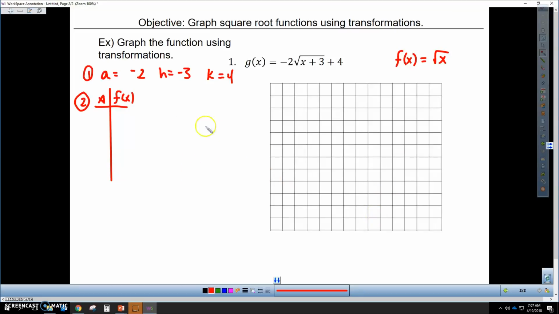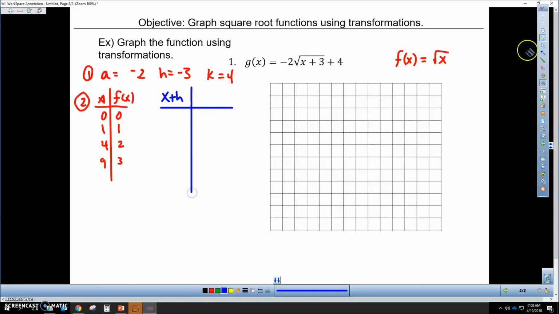Just looking at my parent function points, (0, 0), (1, 1), (4, 2), (9, 3), we'll make a second table. So x plus h is how you transform your x values, and your y values are adjusted by multiplying by a and adding the k value.